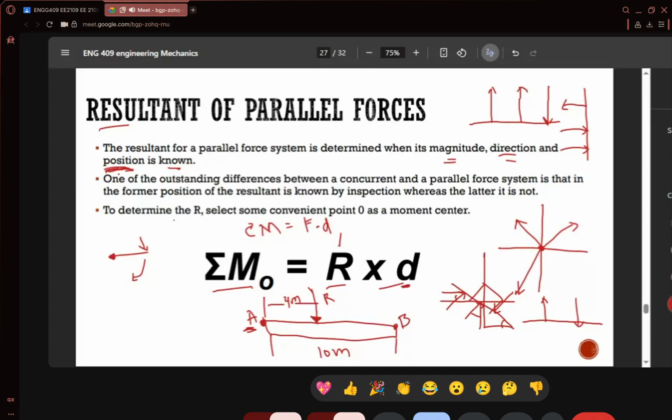To determine the R or the magnitude, we have to select some convenient point O as the moment center, or that O could be your reference point, either A, B, or whatever point in the system or on the figure. Okay?